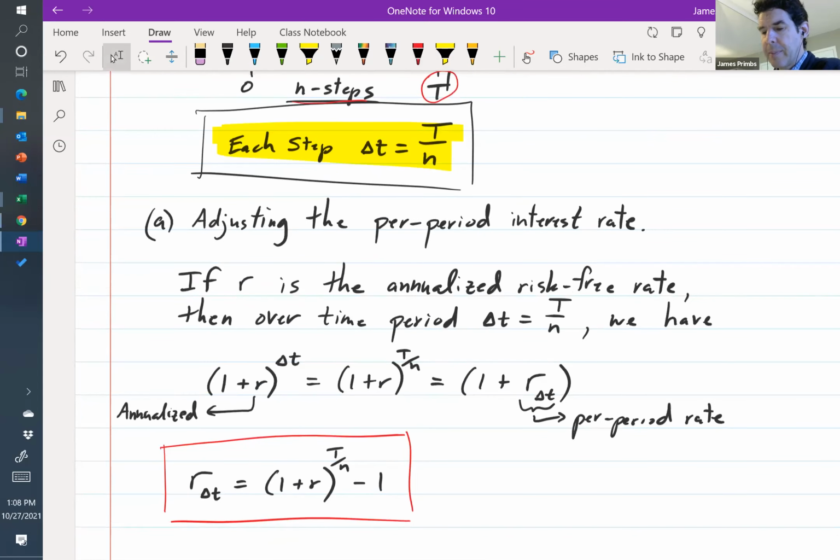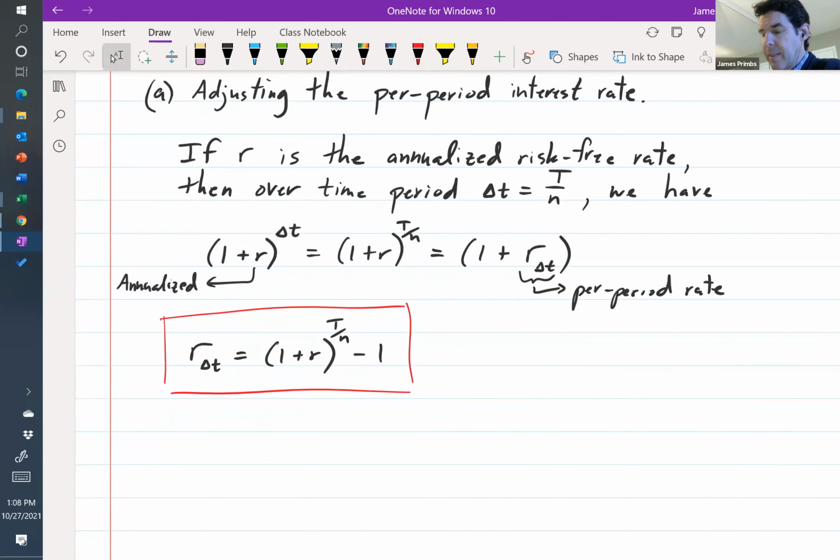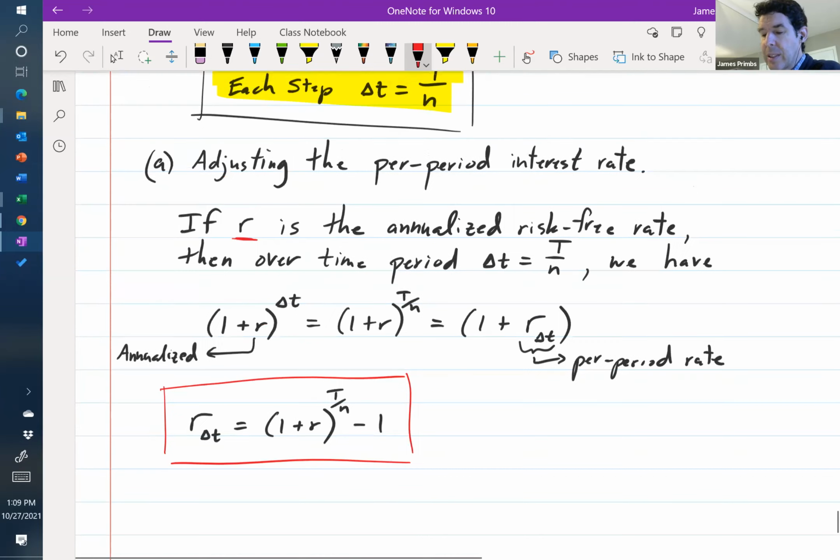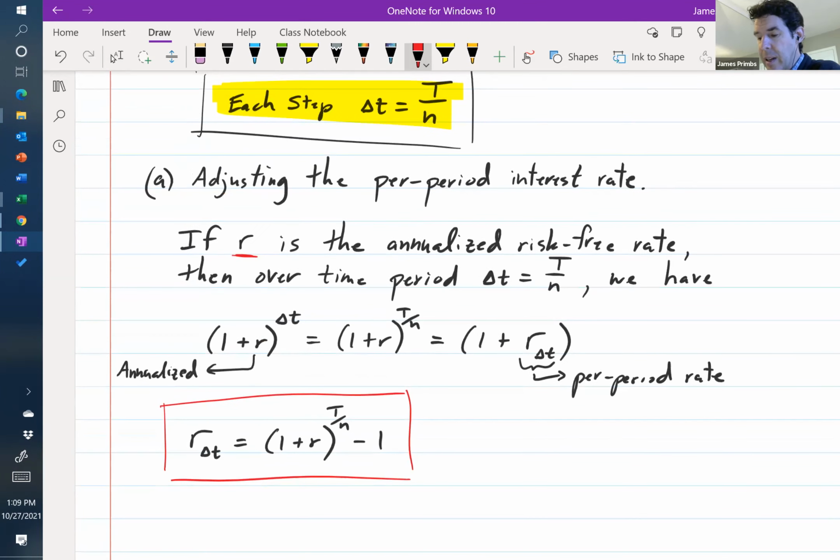The next thing we looked at was the interest rate. I said the interest rate that we use in the risk neutral pricing formula is a per period interest rate. How do I get a per period interest rate? Typically, interest rates are annualized. So if somebody hands you R, an annualized risk-free rate, maybe something like 5% or 6%, you need to scale it to an interest rate that corresponds to each little step.